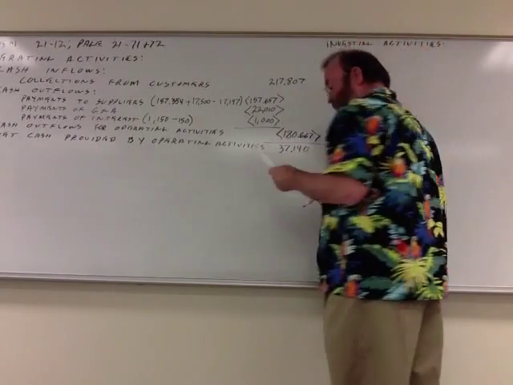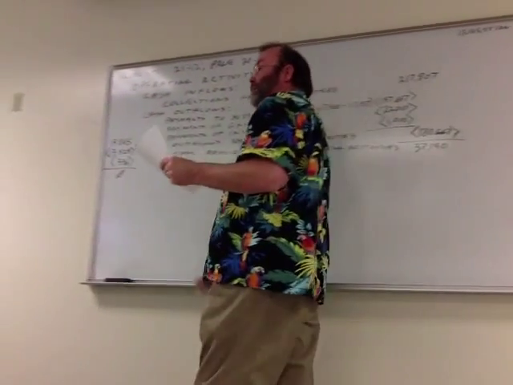Investing activities. This is the rest of the asset side of the balance sheet, including marketable investments. Because marketable investments, while the dividends and the interest we receive are operating, the actual sale is investing, because we're not a trading company.